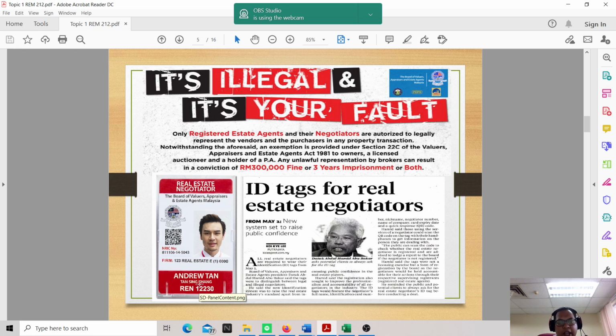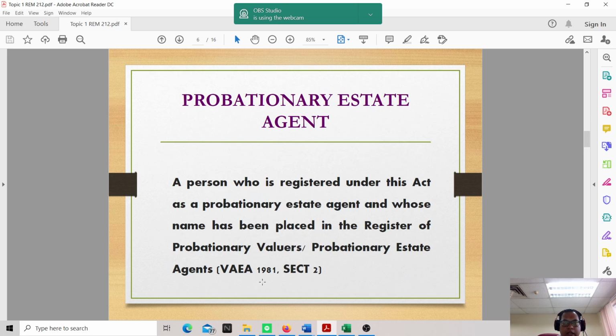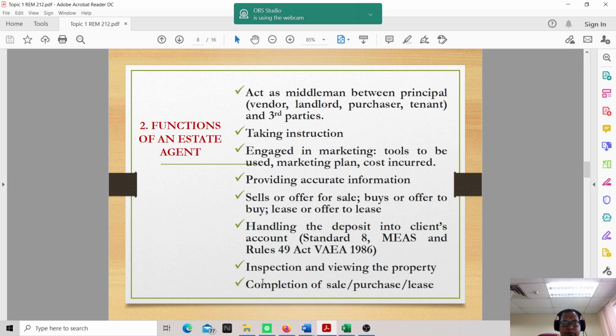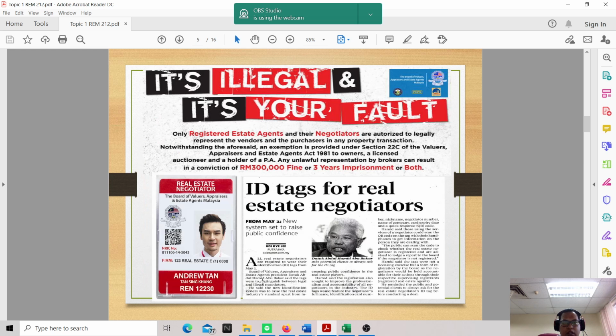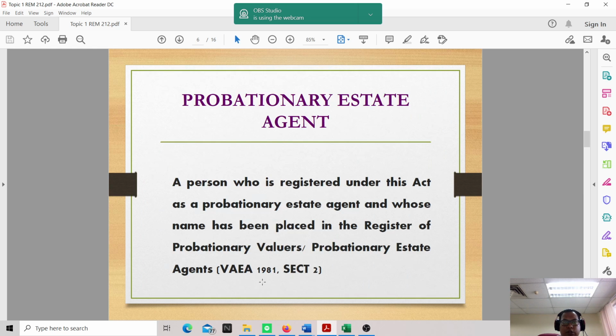So if your name is Fatini, you can use Sarah Fatini as a nickname. And then the REN number: when you are registered by the board for negotiator, you get the real estate negotiator number. Okay, that is relating to negotiators.